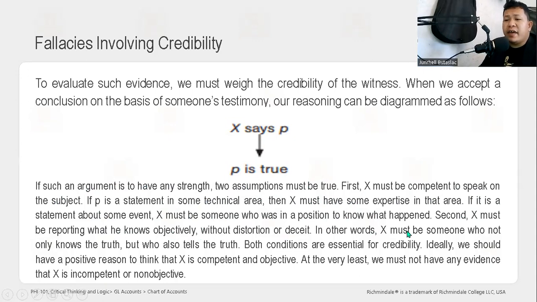In other words, X must be someone who not only knows the truth, but who also tells the truth. Both conditions are essential for credibility. Ideally, we should have a positive reason to think that X is competent and objective. At the very least, we must not have any evidence that X is incompetent or non-objective.